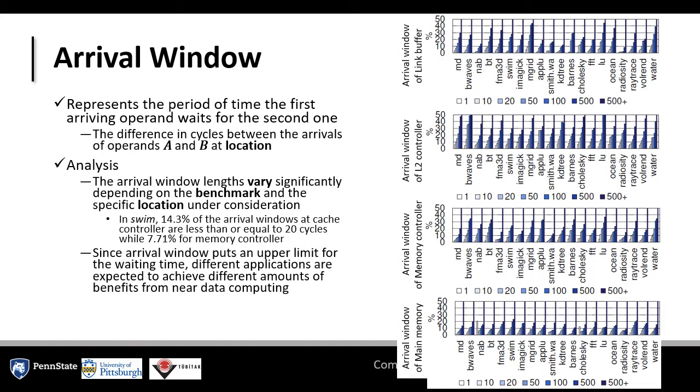For example, in Swim, 14.3% of the arrival windows at cache controller are less than or equal to 20 cycles, whereas for the same benchmark, when you focus on the memory controller, the arrival windows that are less than or equal to 20 cycles constitute only 7.7%. So since the arrival window puts an upper bound for the waiting time, different applications are expected to achieve different amounts of benefits from near data computing.